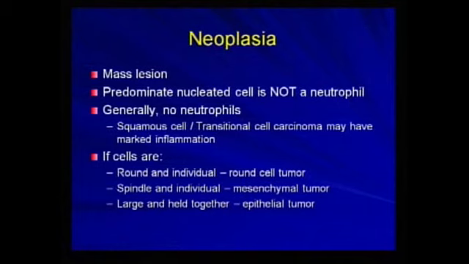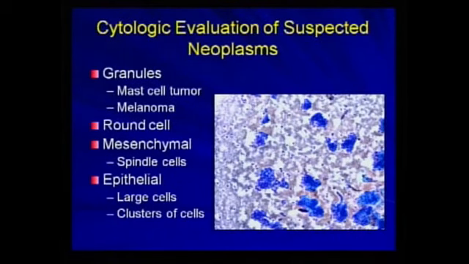When we first look at our neoplasms, we want to break them down into broad categories. The categories that we look at are essentially round cell tumors, mesenchymal tumors, and epithelial tumors. And each of those have very characteristic appearances at low magnification.